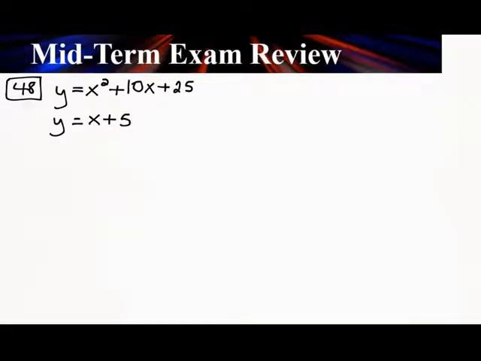For our next problem, we're going to solve a system of equations with a parabola and a line. All right, since these two are equal to each other, I basically can take this and substitute it in for y, or I can just set them equal to each other. So let's do that right now.